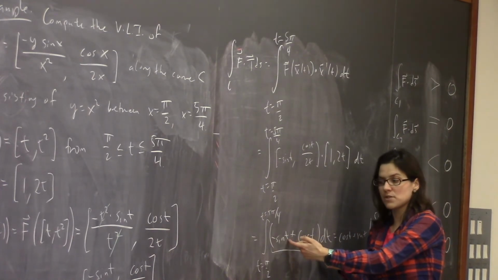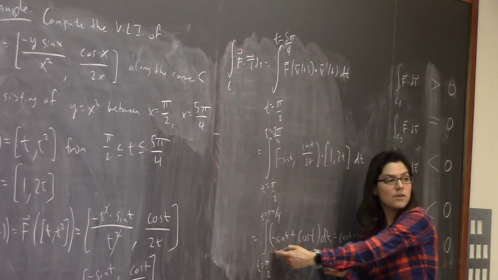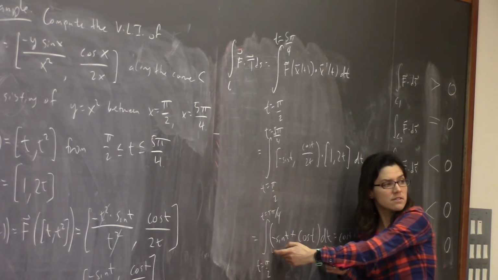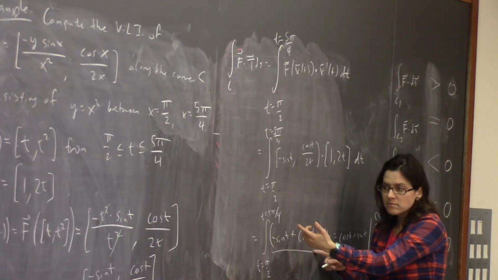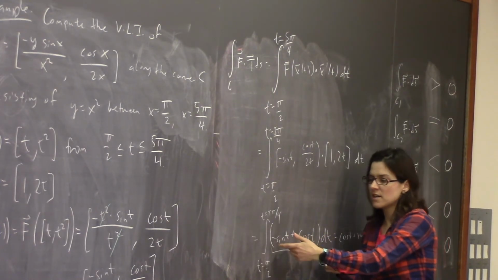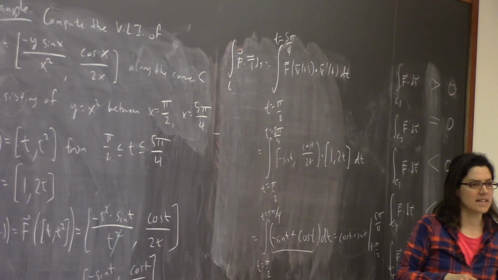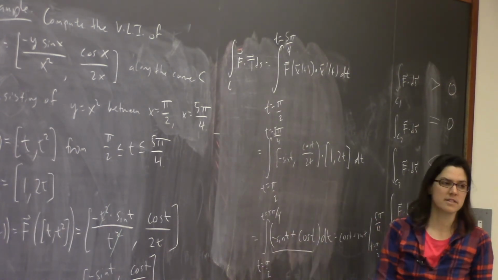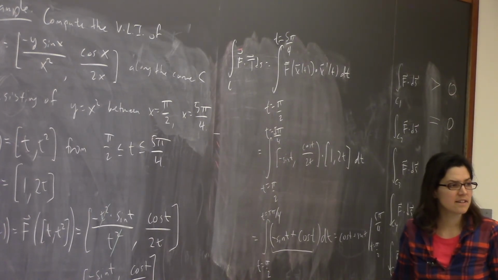For instance, if t equals 0, negative sine of 0 is 0, cosine of 0 is 1. Okay, the vector field is helping you at t equals 0. And so on. You can plug it in at pi. Negative sine of pi is 0, cosine of pi is negative 1. So at pi, it's going against you. So this would tell you how much it's hurting you or helping you at any time. And then we just add them up for all of our times. Yeah. Questions or ideas?